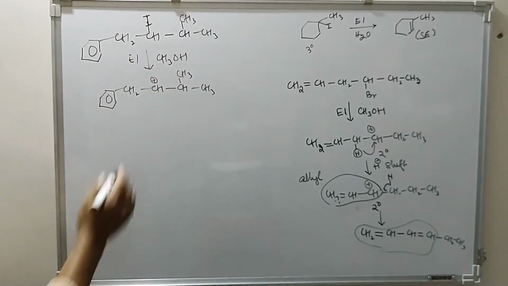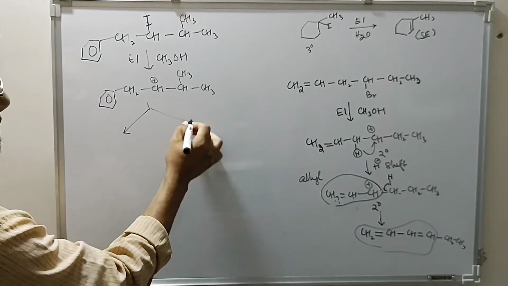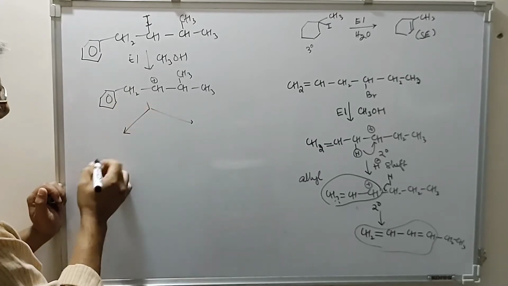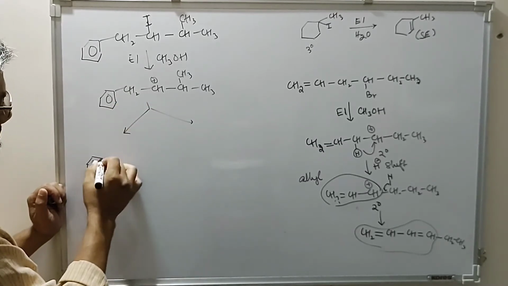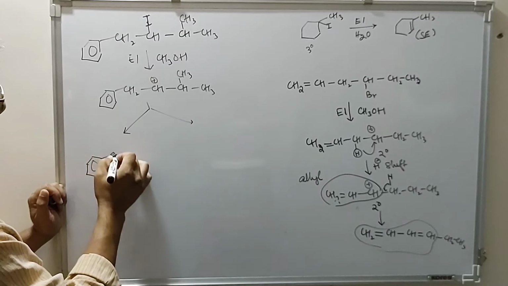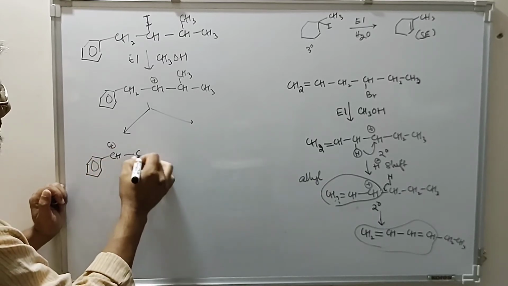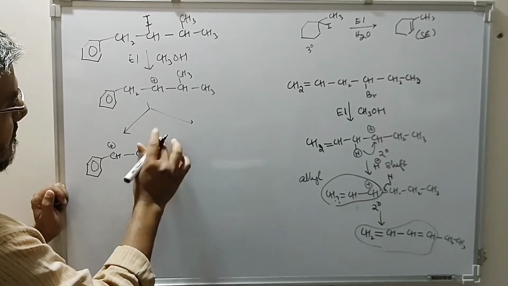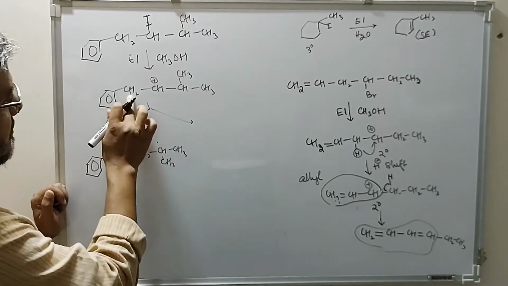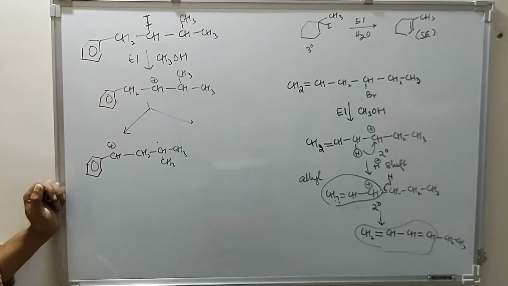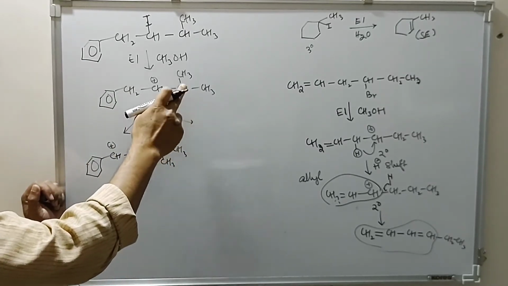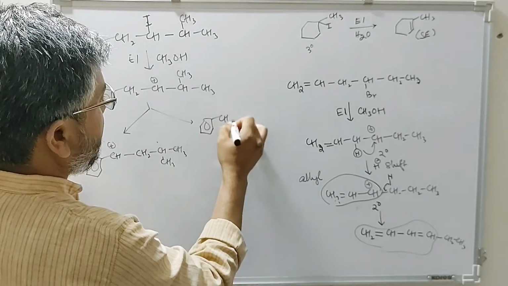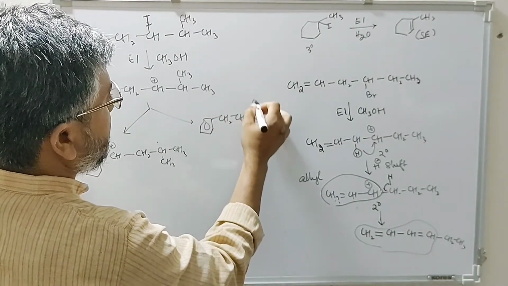Now this cation undergoes two different types of rearrangement. Look at this. By hydride shift from this side, we'll get this, or we also have this hydride shift. So by this hydride shift, we get this cation, CH2 CH2.